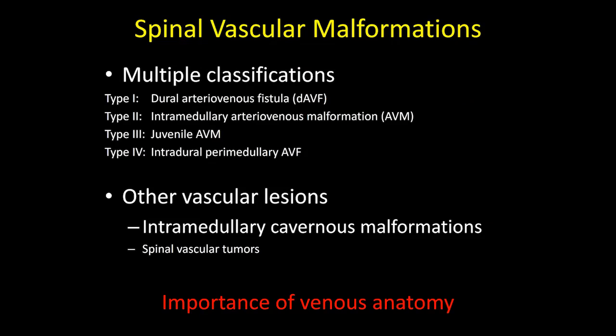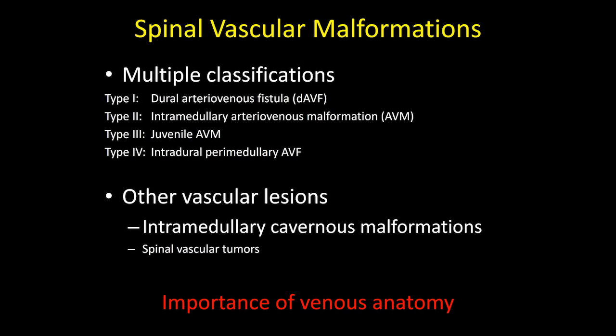Moving to spinal vascular malformations, you will find multiple classifications in the literature that will divide dural arteriovenous fistulas from intramedullary arteriovenous malformation, juvenile arteriovenous malformation, or perimedullary arteriovenous malformation.